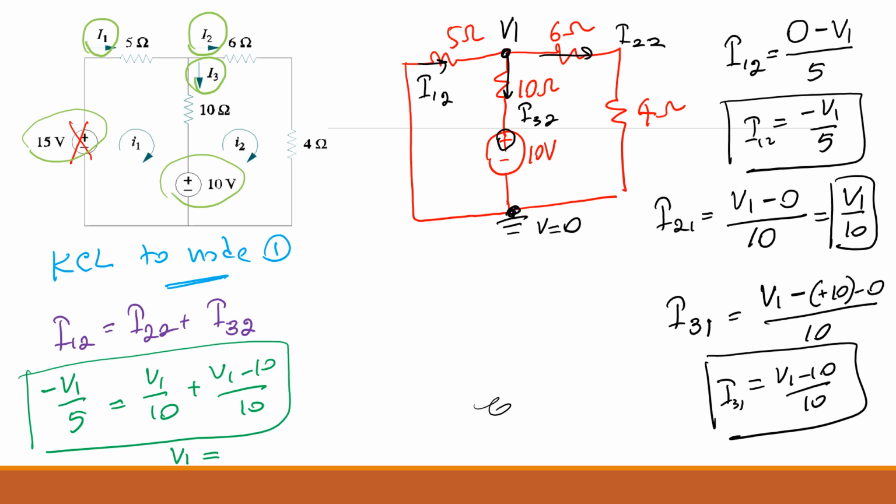But here, just to make it different, I made it I12, I22, I32. So if you want to find I1, that will be I11 plus I12, isn't it? Because this is when you consider just the 15 and this is when you consider just the 10. So when you add both together, you will get this.